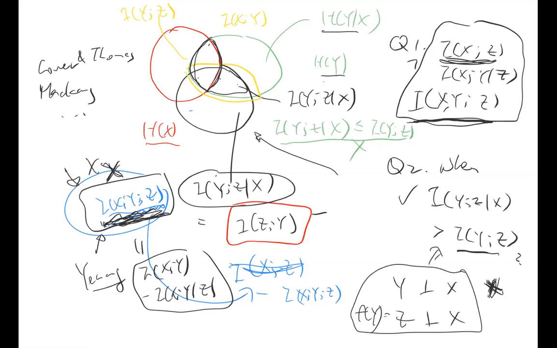You can just look at it this way. I want this guy bigger than this guy. Then the easiest example is: how about this one is equal to zero and this one is non-zero? This will be zero when y and z are independent, but I don't want this to be zero.